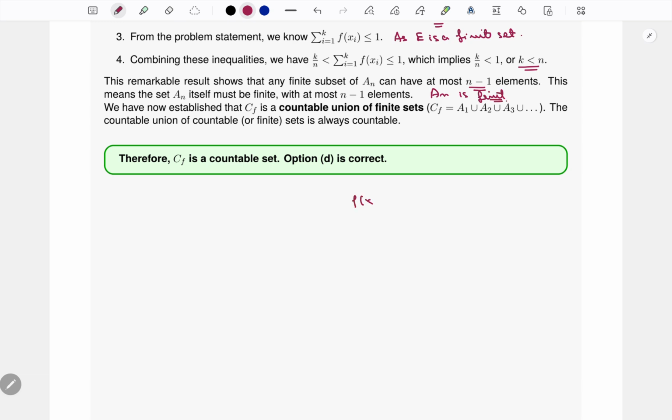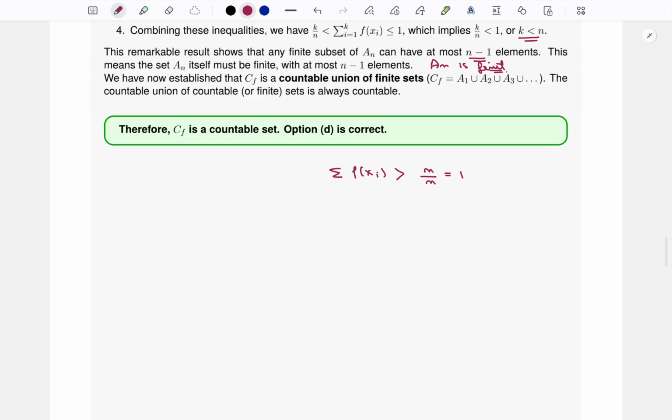Otherwise, when I take the sum of f of xi, it will become greater than n by n, which is 1, once I exceed n minus 1 elements. Getting my point? Clear? Okay. So thus the countable union of countable sets is always countable, and hence we prove that CF is actually a countable set. Is it clear?